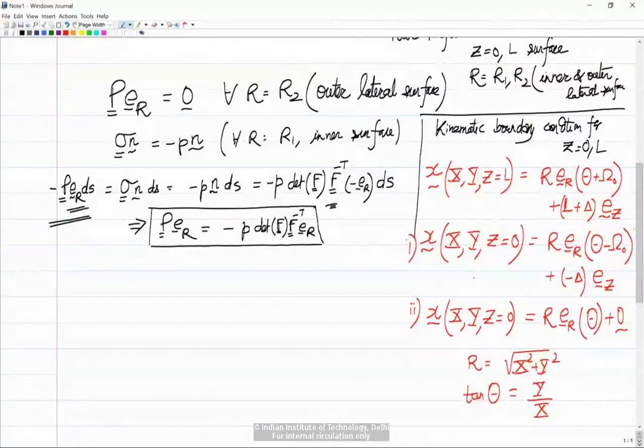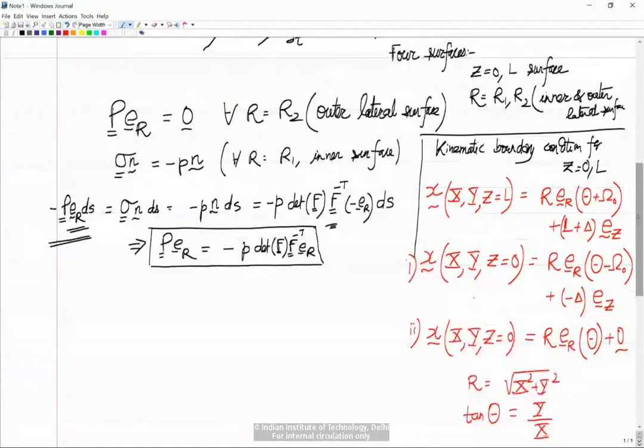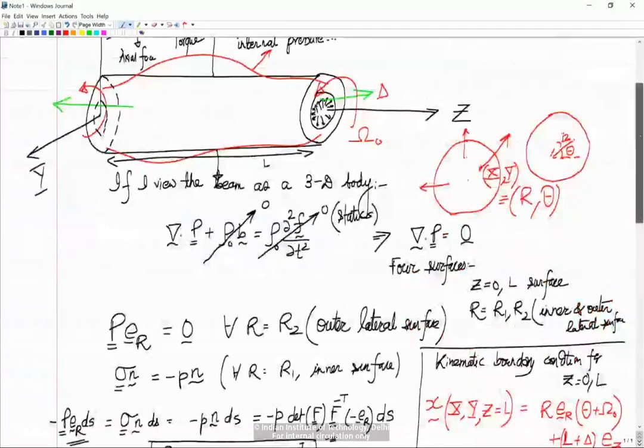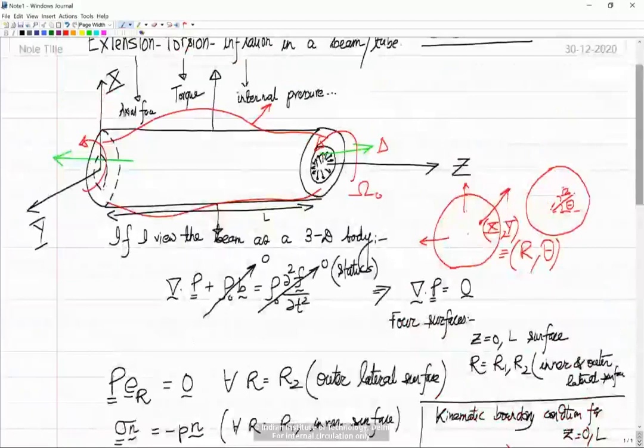So this is the boundary condition, and then you have to solve it, right? Now, of course, we can't solve this problem analytically. You just have to now go to computers and think of solving it.